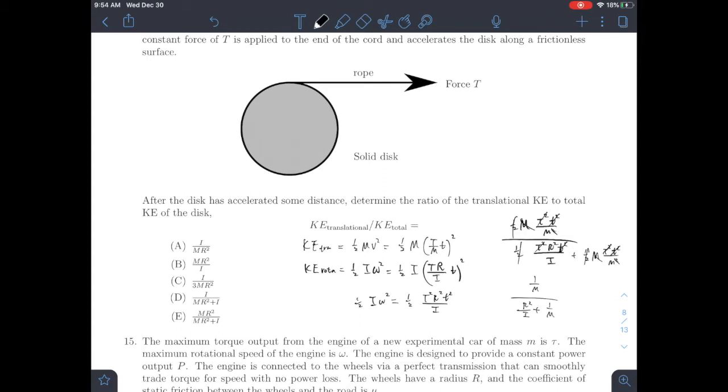1 over m, actually. So finally, let's multiply both sides by m and by r. I mean the denominator and the numerator, both sides.